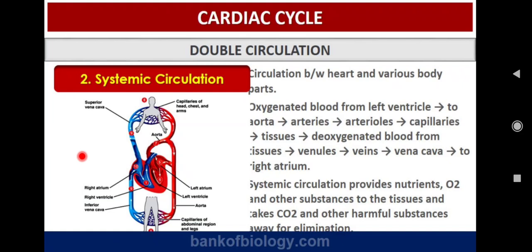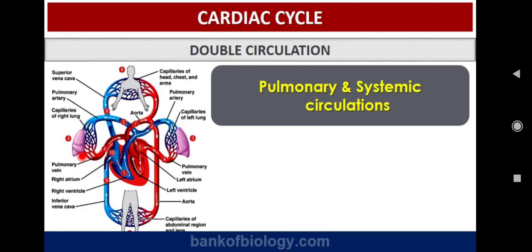So the deoxygenated blood from the tissues enters the venules, then veins, and then the vena cava to the right atrium. This is one circle. So systemic circle as well as pulmonary circle, two circles take place, hence it is called double circulation.